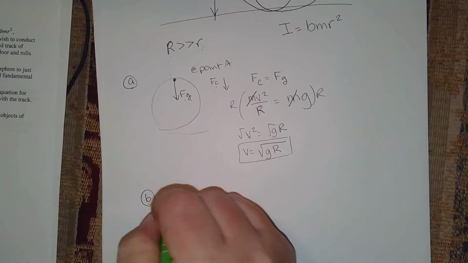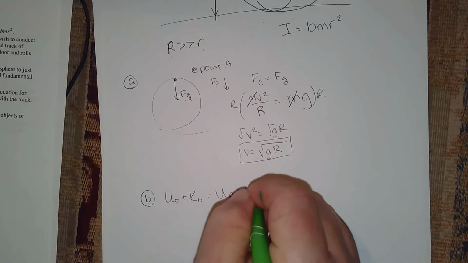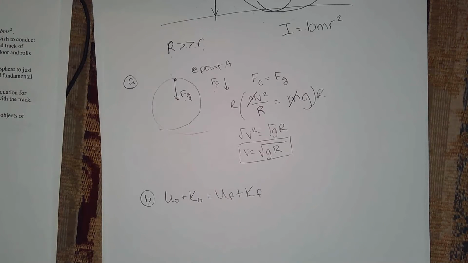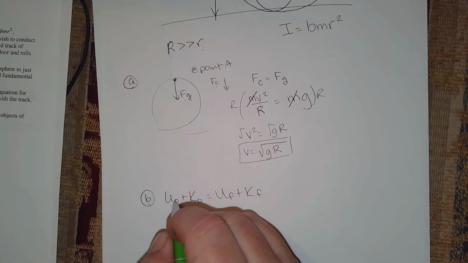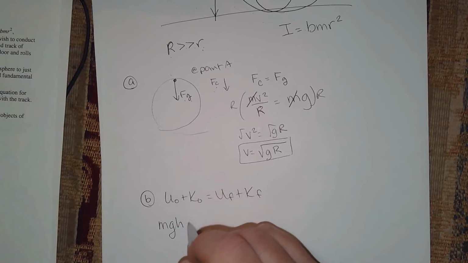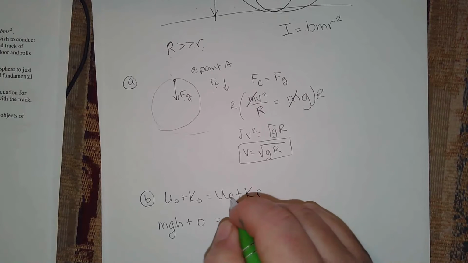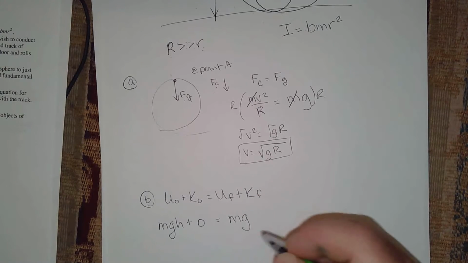So I'm going to write U naught plus K naught equals U final plus K final. So U naught is what I'm looking for. That's mgh. K naught is 0 because I'm released from rest. U final is not 0.